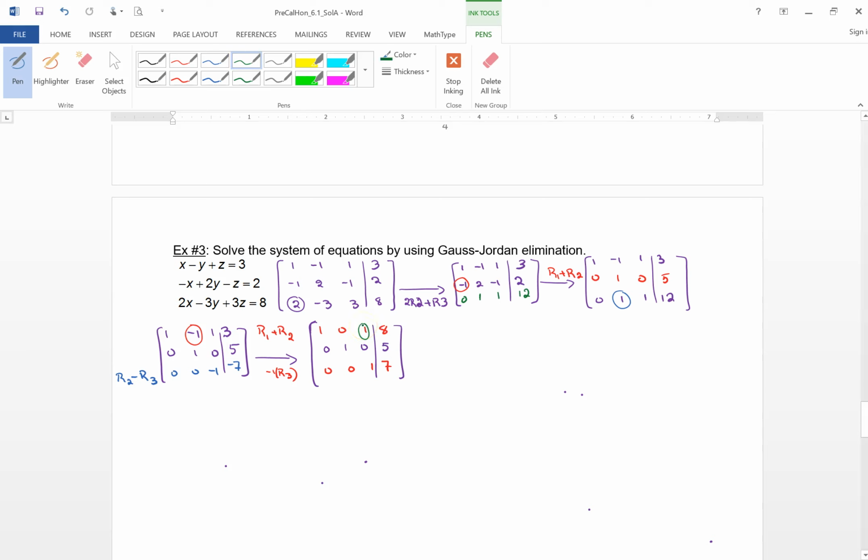For that, I'm going to do row 1 minus row 3. And I get 1, 0, 0, 1, and the rest is the same.